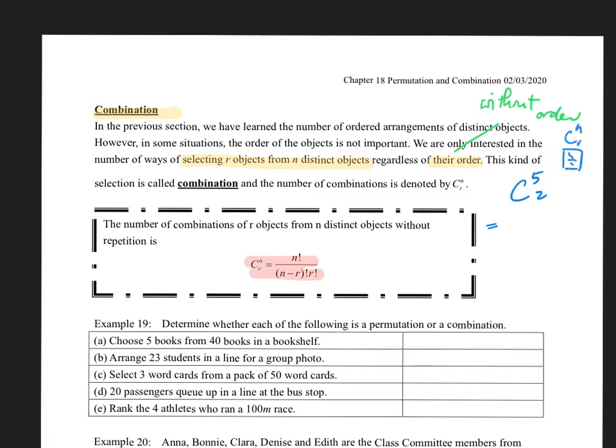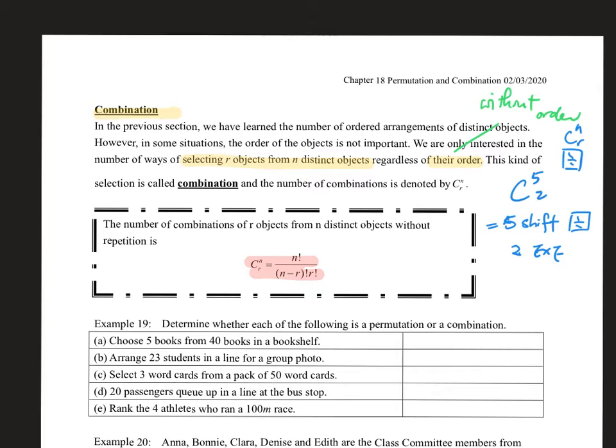You can see nCr over there. The way to enter it is 5, shift division symbol, then 2 and EXE. This is how you use your calculator to get the results directly.